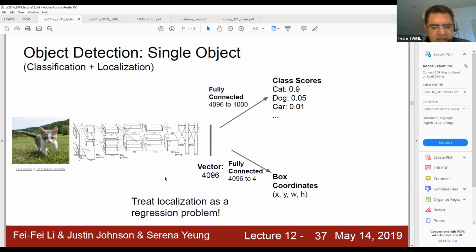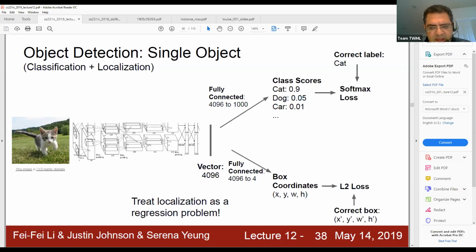And so they have a second arm where you try to find the coordinates of the box, and you have two different losses. For the classification, you have a softmax loss, and for the box, there's an L2 loss. And basically, the idea was, let's combine the two losses, and then you can do classification and localization. That is, put a box around this object.